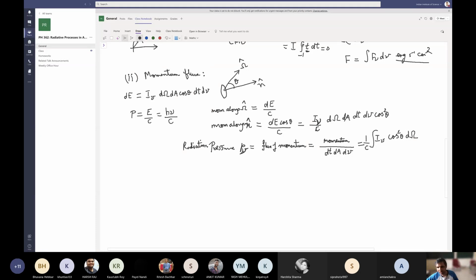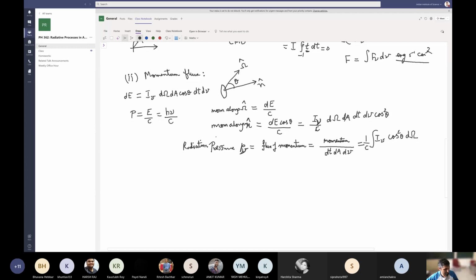Now you see because of this cos squared theta, this quantity is positive definite. So pressure will always be non-negative, right? It will either be 0 if there is no I nu, or greater than 0, as it should be. So this has the correct interpretation of pressure.